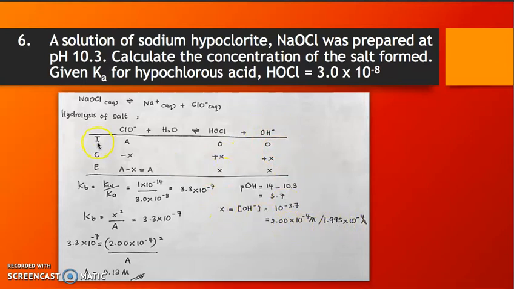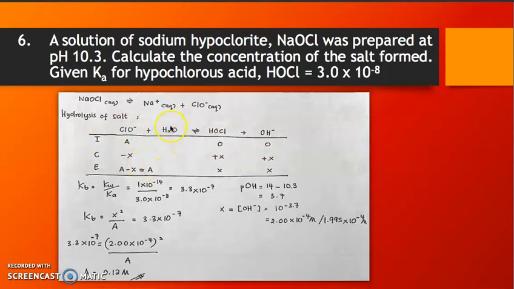If you use the ICE, initial change equilibrium, in this question they don't give you the initial, so you just assume a symbol A here. And we know for the initial, the product is 0, only for the reactants.